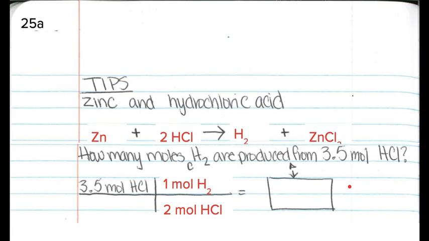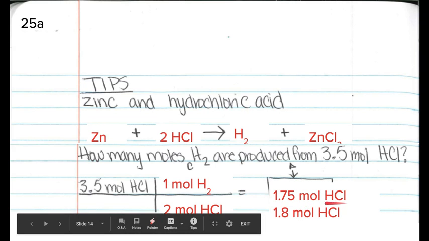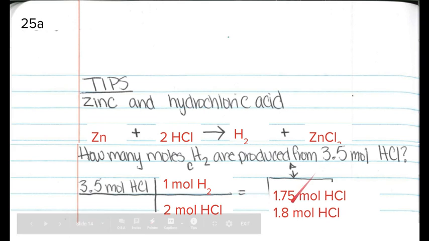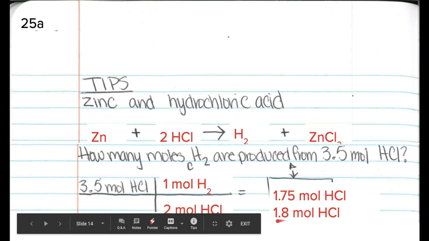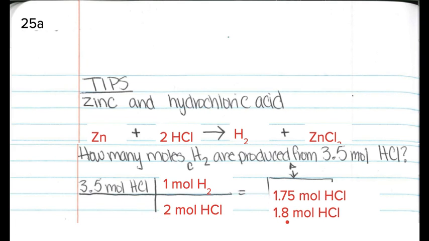And to solve this, you should have gotten 1.75 moles of H2. This is your answer. This is perfectly acceptable if you are in general chemistry. Honors Chem, we should note that there were 2 sig figs in my problem. So there should be 2 sig figs in my answer. It should be 1.8 if you're rounding correctly.